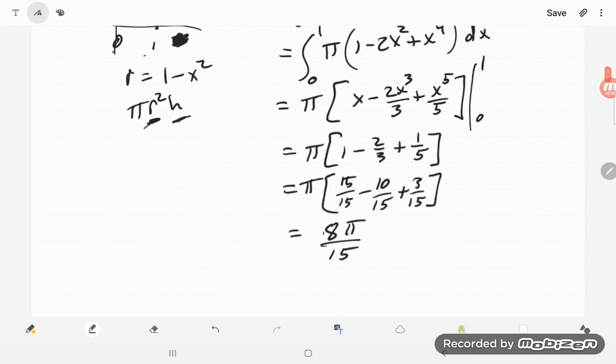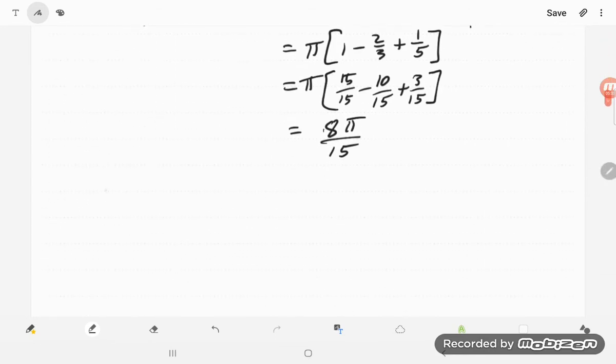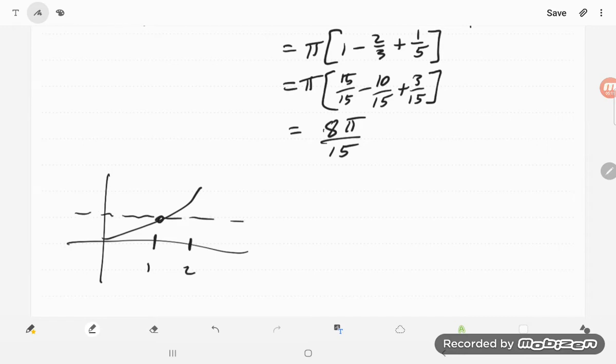Now, to build on this, I'll go out to 2. So there's 1, there's 2, and again suppose I want to rotate about y equals 1.